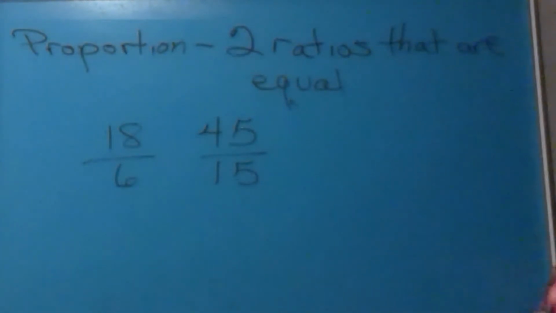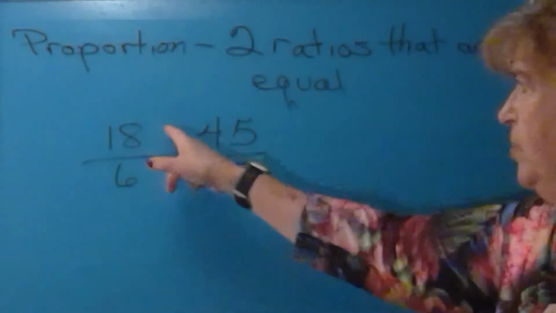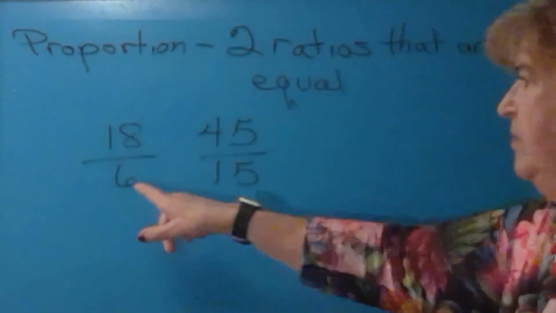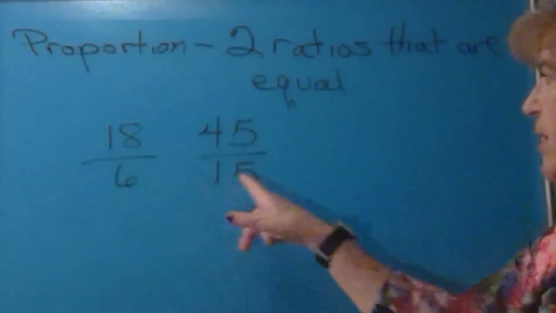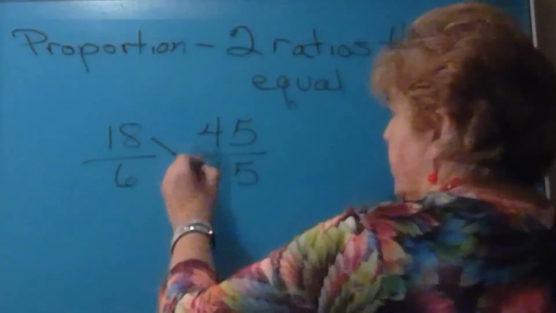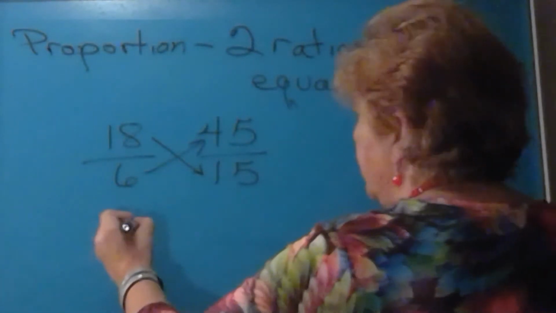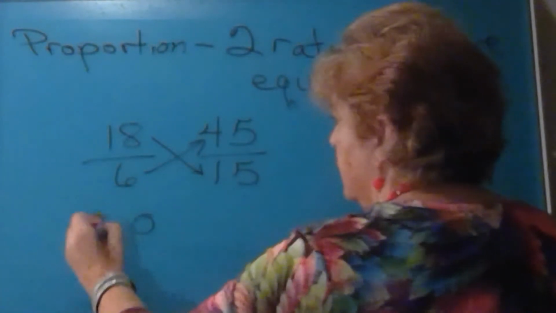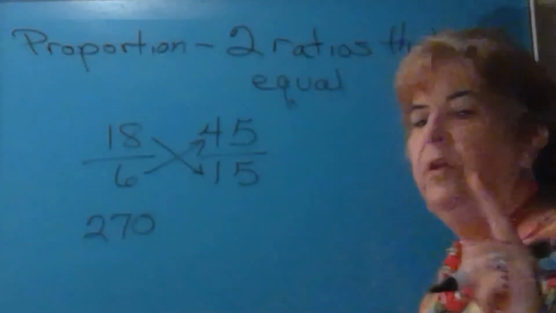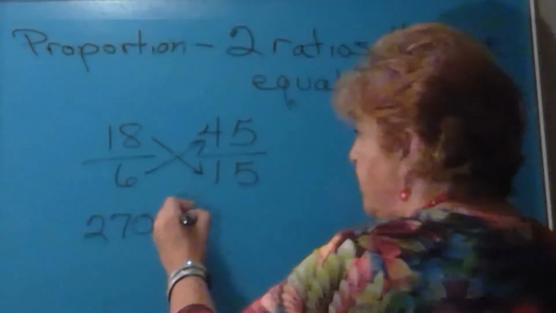This one might be a little more difficult to tell. Is there something you can multiply these by that give you these? Well, you might have trouble figuring 6 times what is 15. You can't do that. Well, take your cross products. 6 times 45 gives you 270. 18 times 15, don't assume it's 270, multiply it out, but that does give you 270.